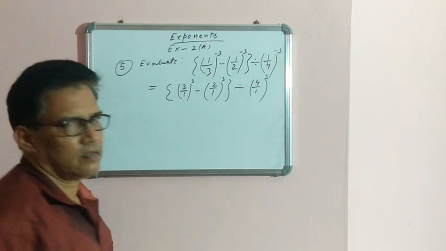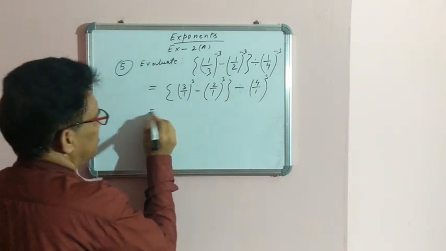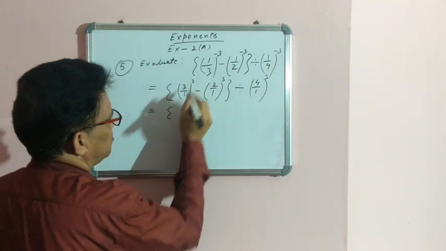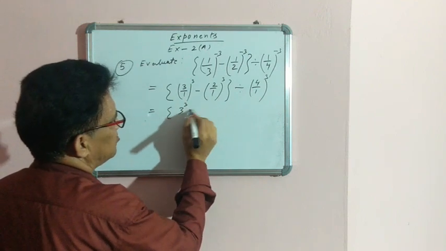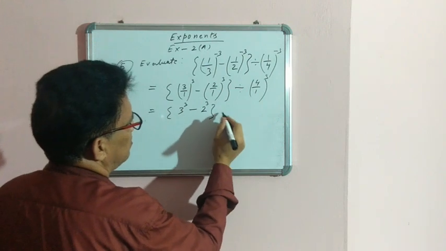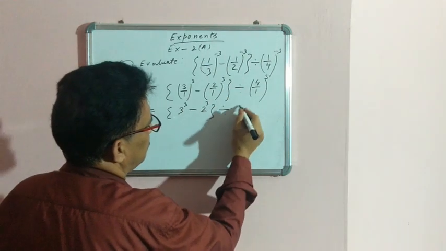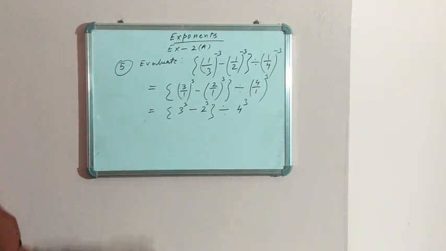I have taken the reciprocal of the rational number. So you are getting 3 power 3, 3 by 1 means nothing, 3 power 3 minus 2 power 3, divided by 4 power 3. Now first we will solve this one.